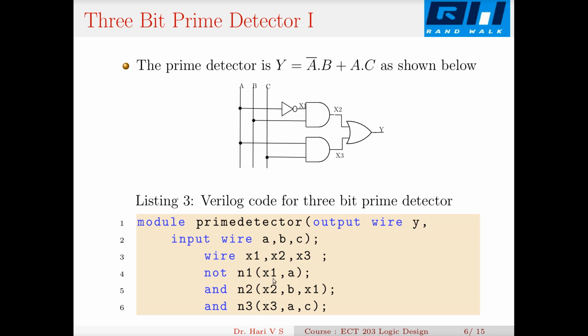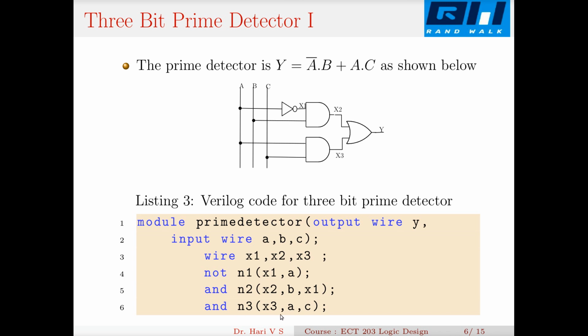Now what next? This x1 should be ANDed with my B, so that I get my x2. So x2 is an AND operation, x2 is the output, B and x1 are the inputs, x1 is the internal net. Okay. Then I have another AND gate here. Output is x3, A comma C, x3.